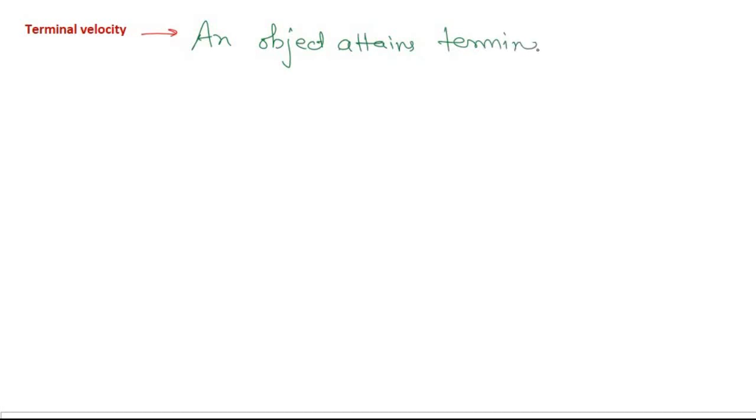First we have the statement: what is terminal velocity. An object attains terminal velocity, and that terminal velocity is a constant velocity.